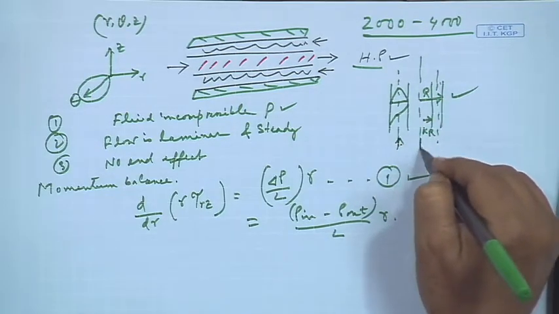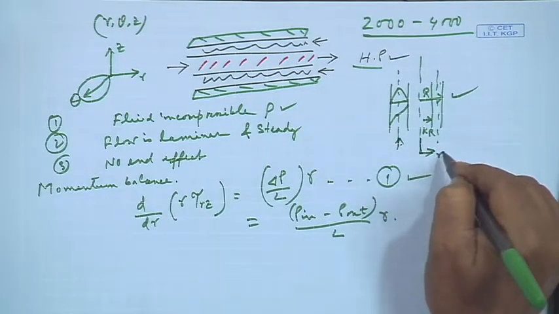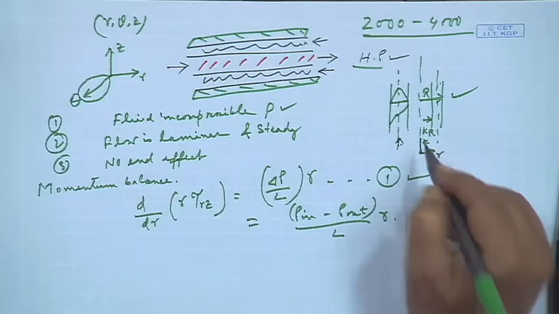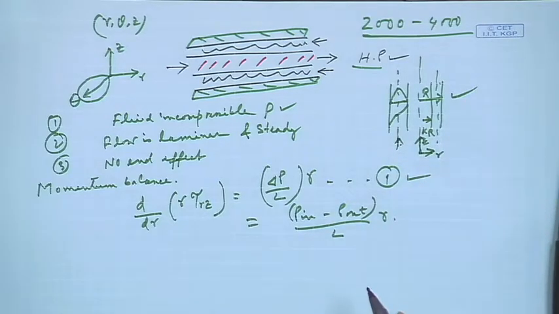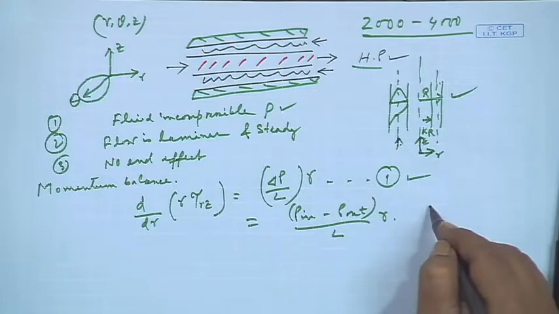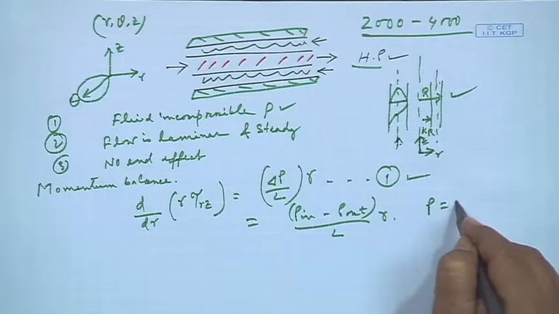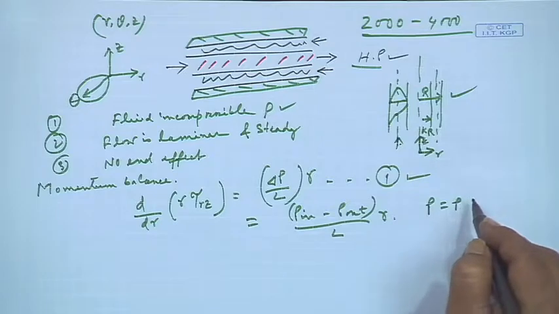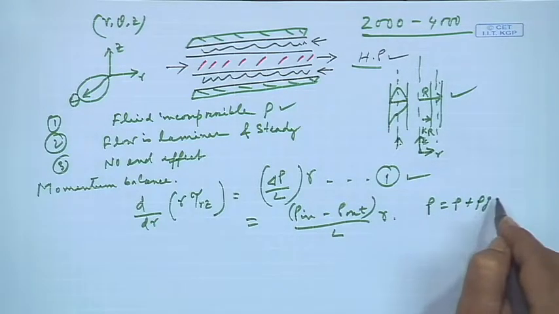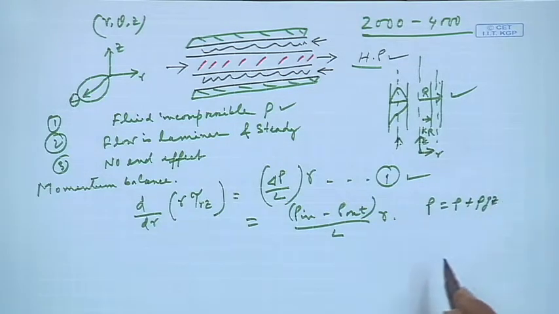So this was our r-z, so it is in the vertical direction. So we can say that the total pressure P is equal to p plus ρ g z.